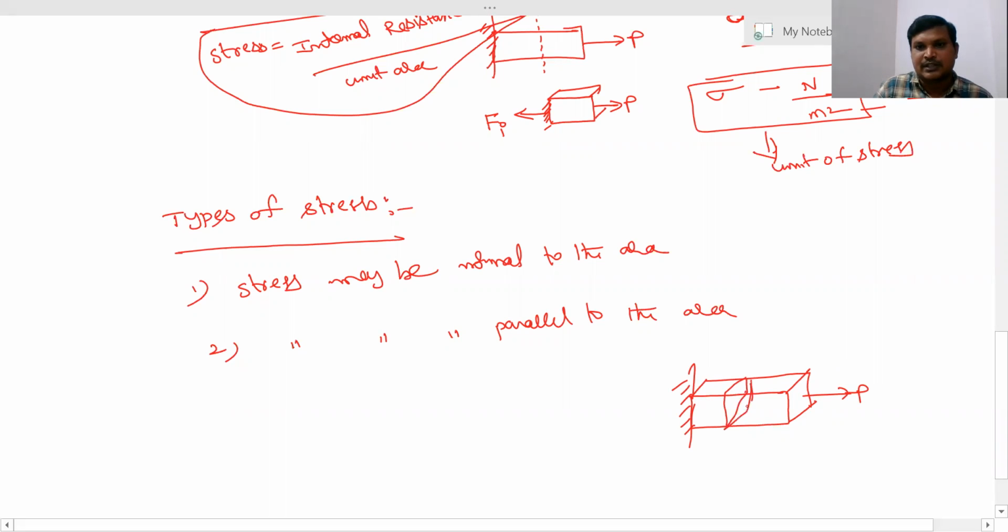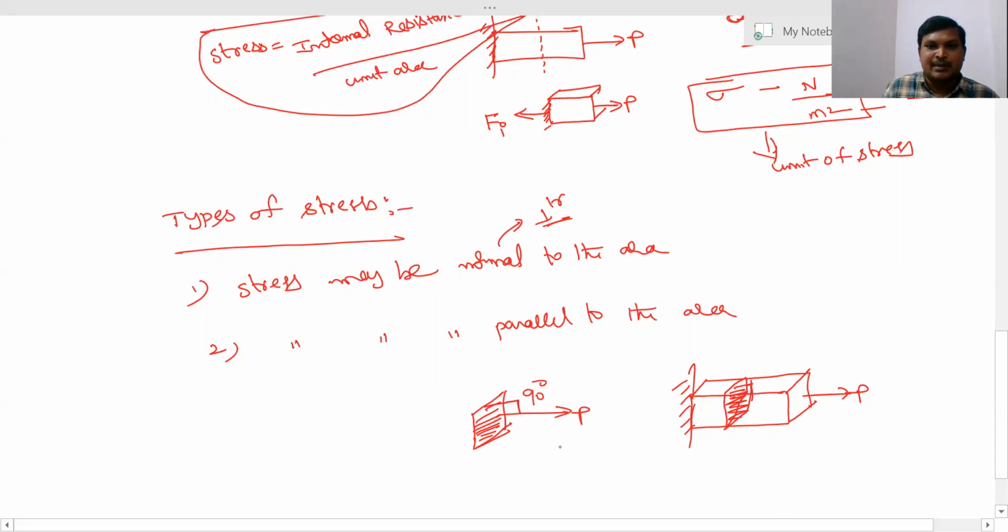This is the area of cross section of this member. Here I'm applying the force in this direction. So what happened? The force is perpendicular, and perpendicular means 90 degrees. If the force is perpendicular to the area, so normal to the area, it is called a normal stress.